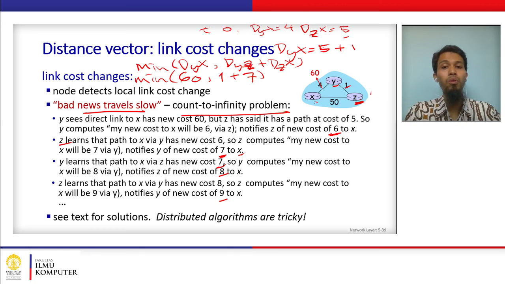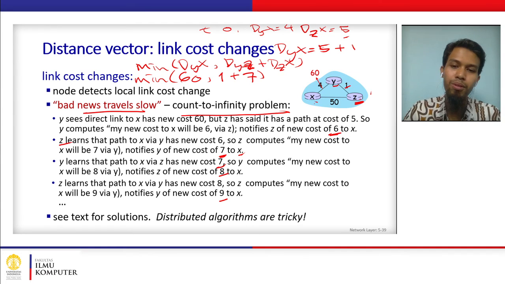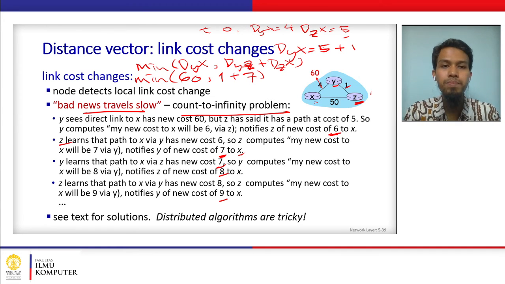And so on and so forth, until eventually it reaches 60 from y to x, and from z to x it becomes 61. You can just count it yourself, from 4 to 60. So this is a bit tricky for distributed algorithms.